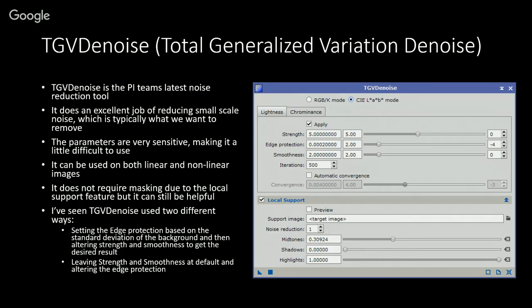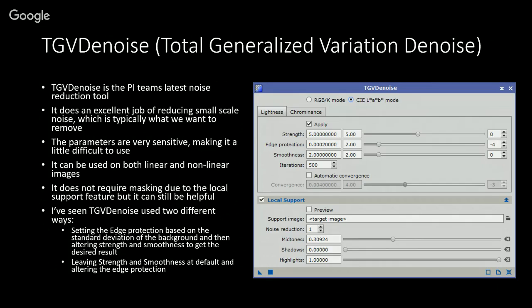The other method is you leave the strength and smoothness at their default settings and only modify the edge protection setting. For the most part, that's what I typically do. It's a little easier to just deal with one slider, and the results I get are just about equivalent to using the other method. So in general, that's the one I go for.